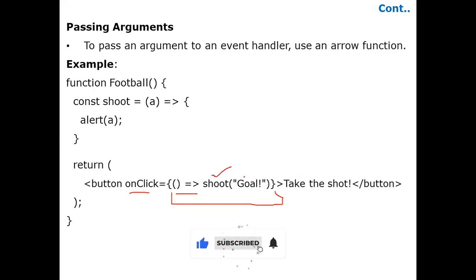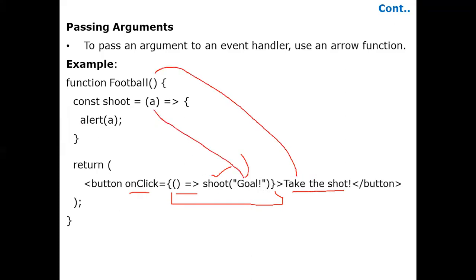For this event handler, we are passing a parameter called goal. Whenever the button named take the shoot is clicked, it goes to this particular function and the parameter is a. So a is mapped to goal. Alert of a displays an alert message showing the goal.